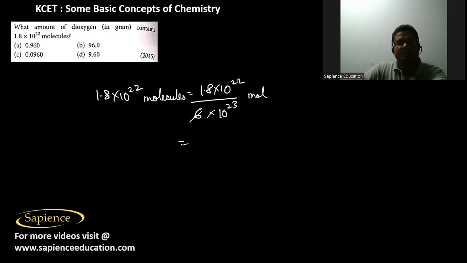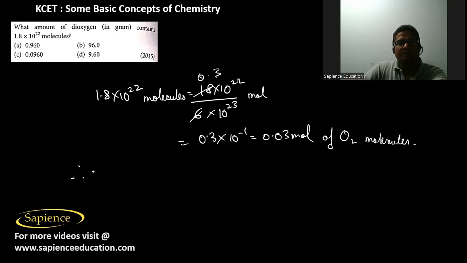That is equal to 0.3 into 10 power minus 1, that is 0.03 mole. So it means that we have 0.03 mole of O2 molecules.